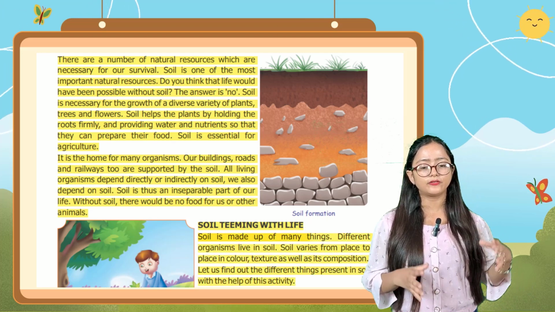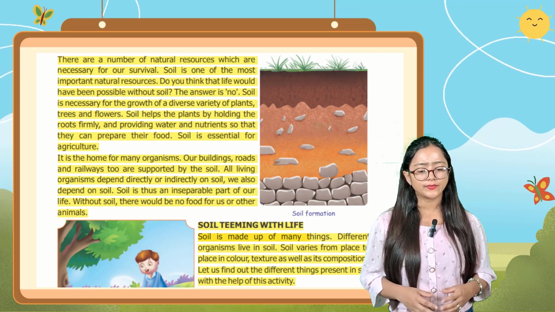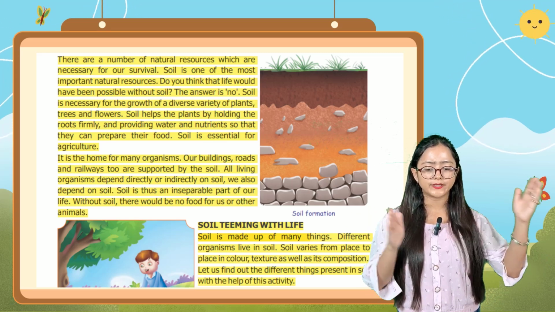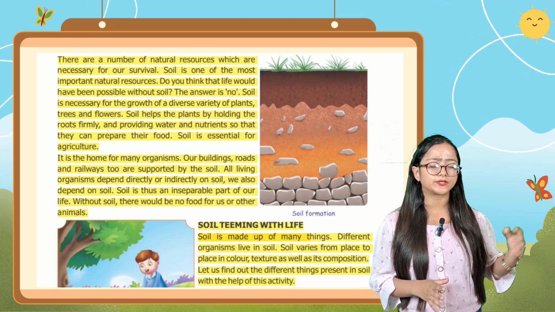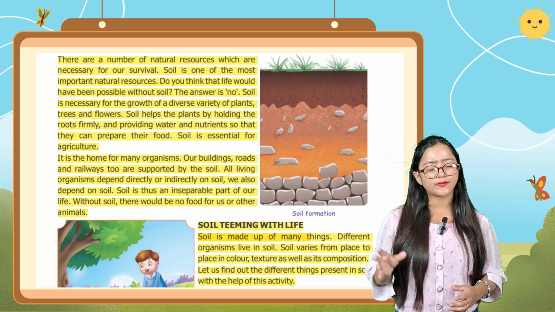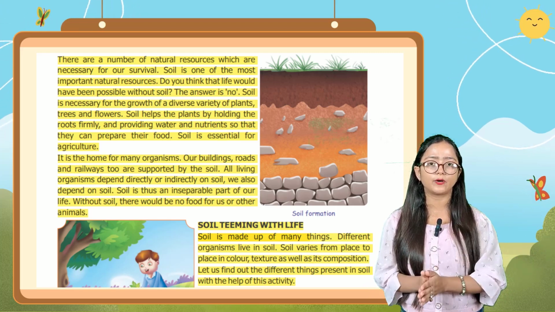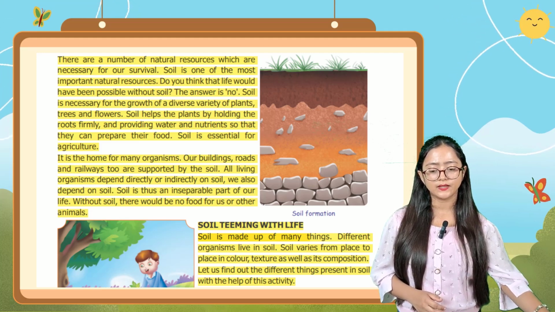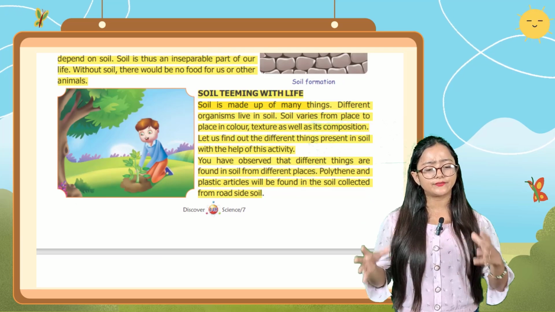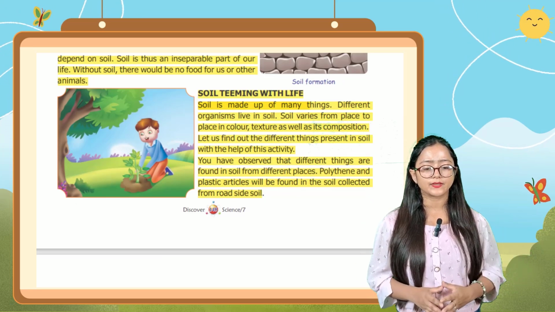Soil is made up of many things. Different organisms live in soil. Soil varies from place to place in color, texture, as well as in composition. Let us find out different things present in soil with the help of this activity. You have observed that different things are found in soil from different places.